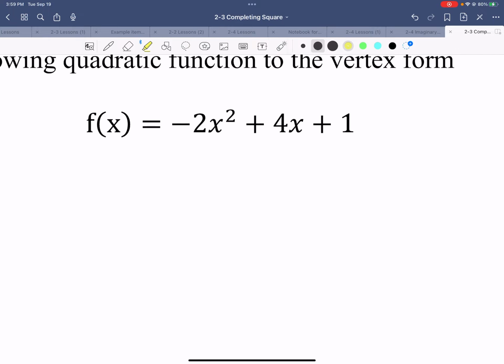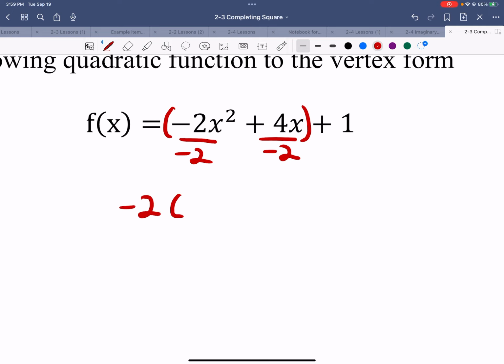So let's do this. Step number 1: set up two parentheses, and divide each number by -2. So this is going to be -2, parentheses, these two disappear, so you get x squared. 4 divided by -2 is -2x, and plus 1.